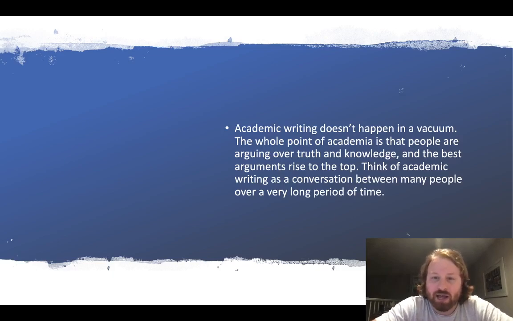I want to point out that academic writing doesn't happen in a vacuum. One of the points of academia is that people are arguing over truth and knowledge. I mean, that's kind of what academia is. It's a lot of people just arguing with each other over what's true, or what meaning is, right? I have this argument with some of my family members sometimes.